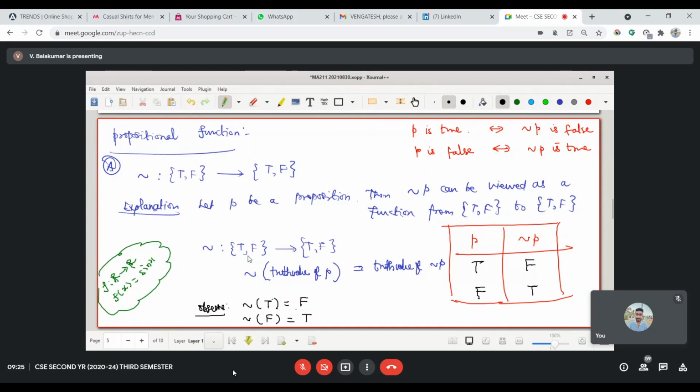Both elements T and F have an image in the codomain. You can define a proposition as a function. Our connective or proposition changes this truth value, according to its nature, to another truth value. Sometimes it may not change, but this symbol is negation, and we are looking at it as a function. It changes the truth value to exactly the opposite.